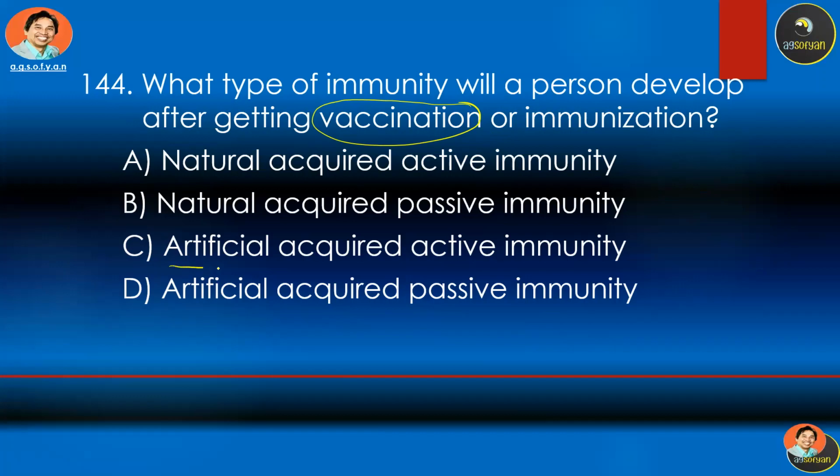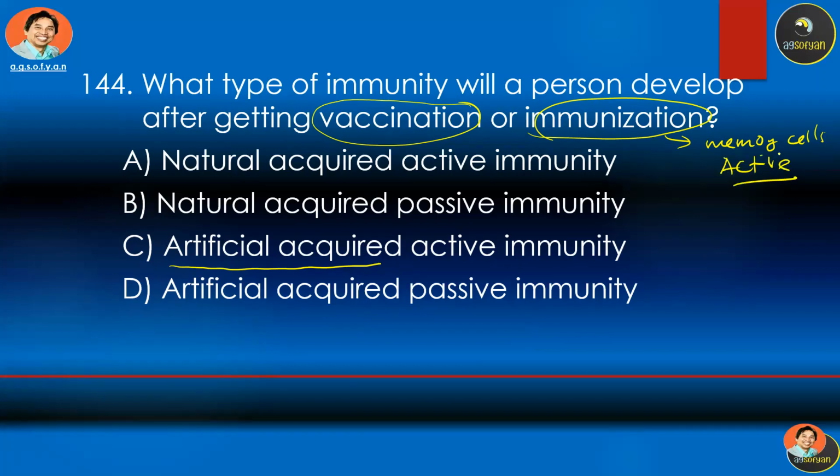It's going to be artificial acquired, and immunization will cause us to produce memory cell, and it will protect us for long-term immunity. Its long-term immunity is called active. So the answer will be artificial acquired and active immunity.